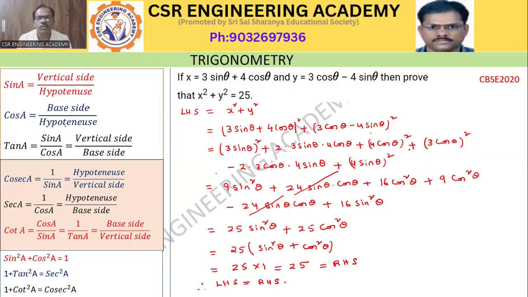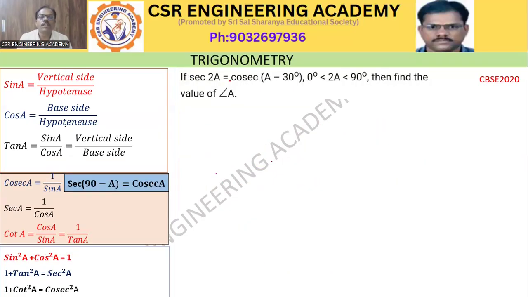Hence, proved. If secant 2A is equal to cosecant (A minus 30 degrees), where 0 degrees is less than 2A which is less than 90 degrees, then find the value of angle A. Given secant 2A is equal to cosecant (A minus 30 degrees).